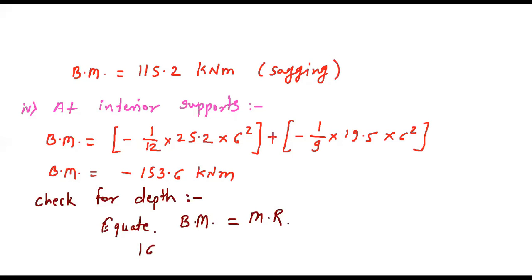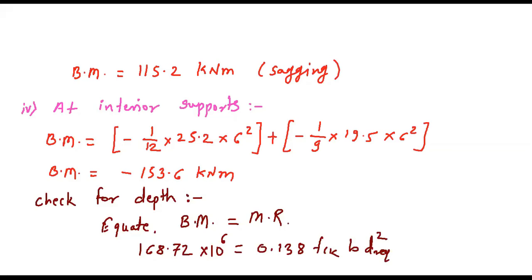It is 168.72 into 10 to the power 6 Newton mm, which is equal to Mr. Now the grade of steel, Fe 415 to 500. What grade of steel is given? 415. So if 415 is there, then Mr is 0.138 fck b d required square.